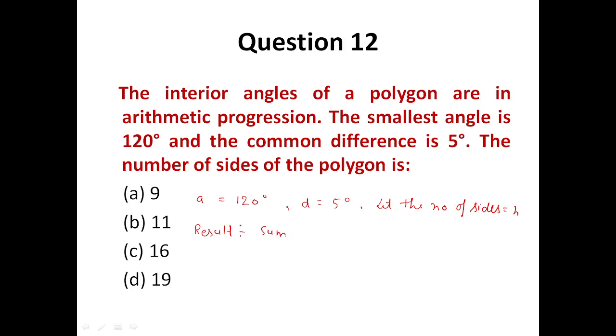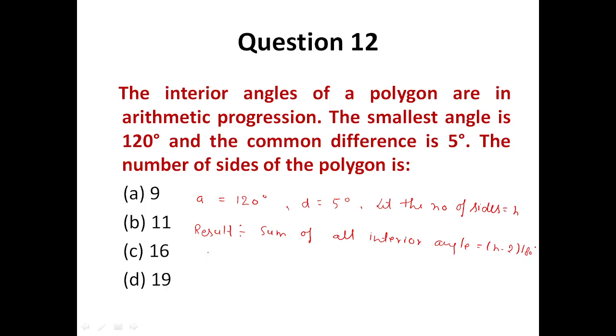So we use the result: sum of all interior angles is equal to n minus 2 into 180 degree. For example, if you have a triangle, put n is equal to 3, you will get sum of all interior angles is equal to 180 degree.